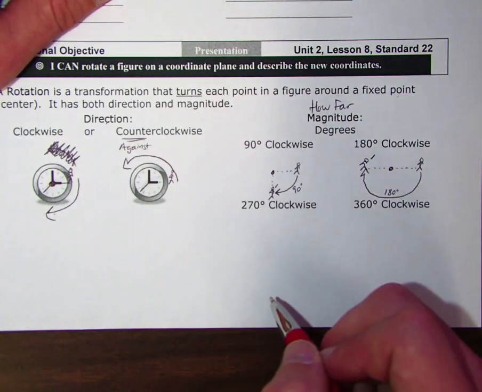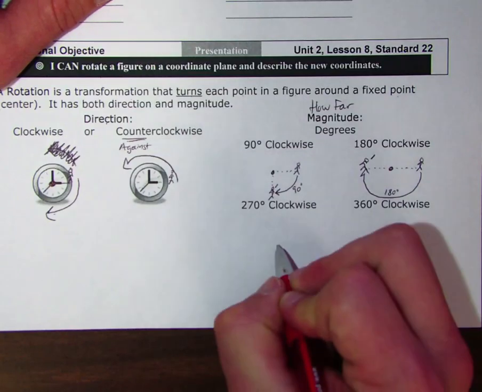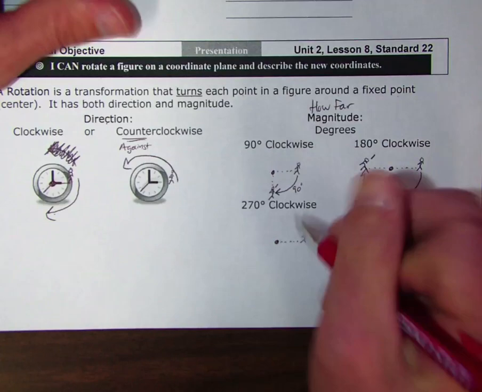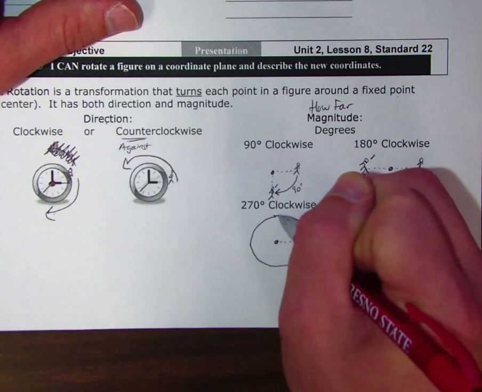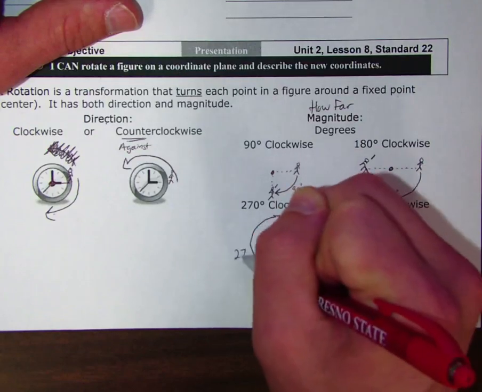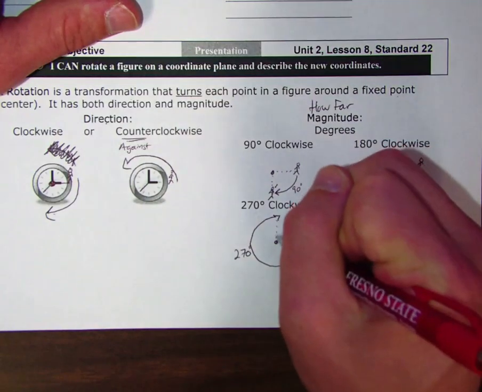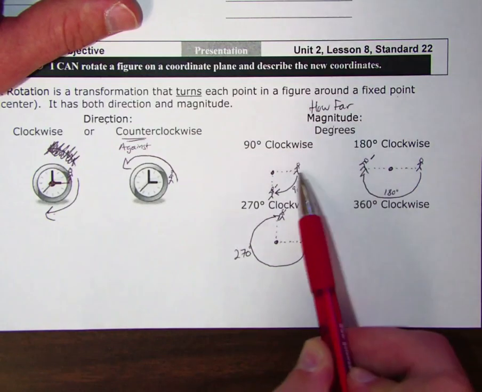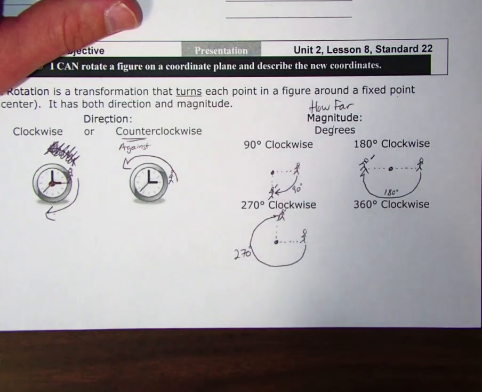Let's do clockwise again. But this time, why don't we try 270? There I am, 90, 180, 270 degrees. Keep in mind I could do the same number of degrees, the same magnitude, but instead of clockwise, I could go counterclockwise.